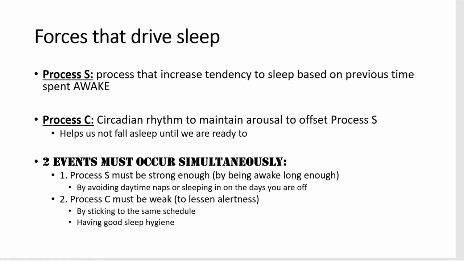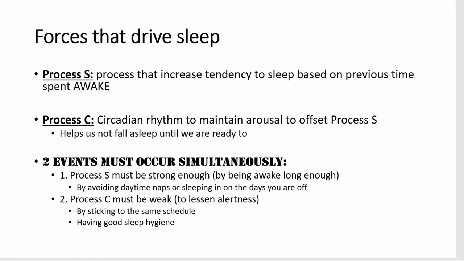I'm going to show you a cartoon in a few slides that's going to hopefully make more sense. When the alertness increases, you wake up. When alertness goes down and your process S is strong enough, you get sleepy and fall asleep. So process C, or your circadian rhythm, can be thrown off this normal rhythm due to certain behavior, right?